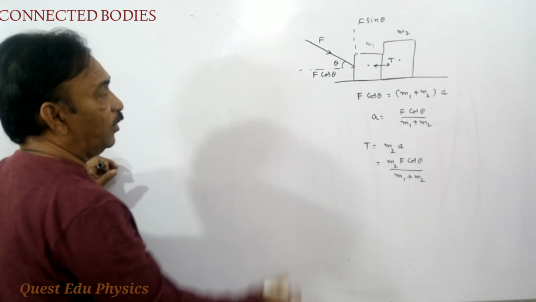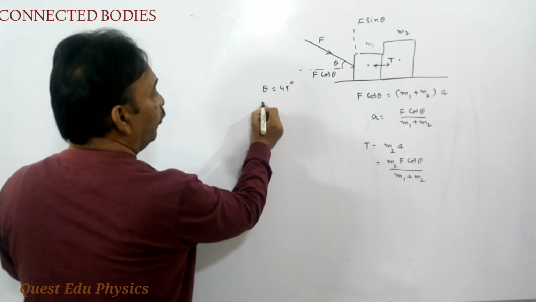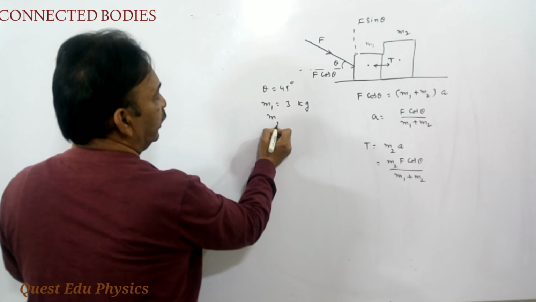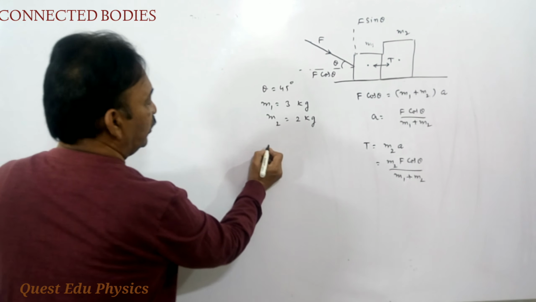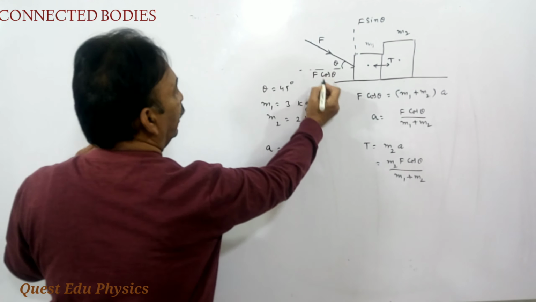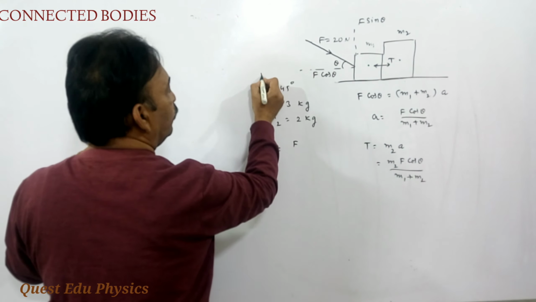Quickly we do a problem by taking theta as 45, m1 is equal to 3 kg and m2 is equal to 2 kg. First we have to find out the acceleration. Here F is equal to 20 Newton.